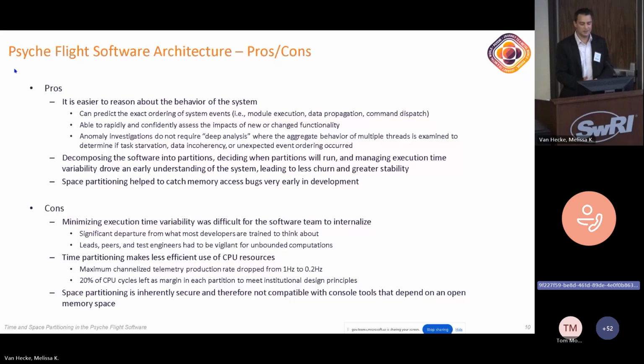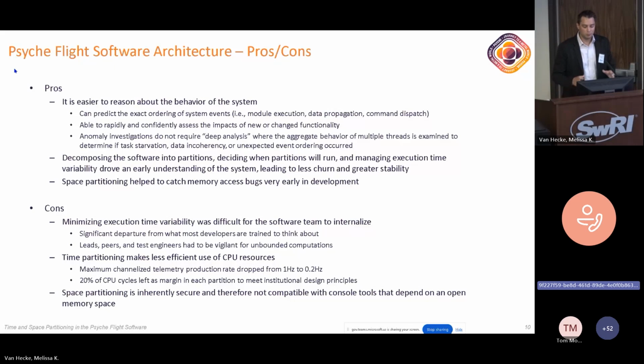We didn't have to worry about, is this task being starved? Is the data incoherent? Oh, this strange ordering of events occurred. So we didn't have to worry about any of that. And honestly, our developers were able to get to the bottom of most software problems within a matter of hours.